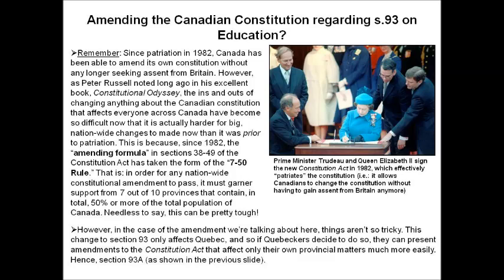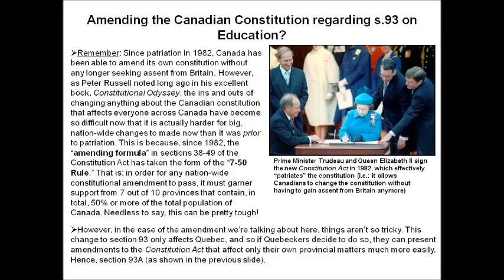Remember, since patriation in 1982, patriation is just a fancy word, means bringing the Constitution home, allowing us in Canada to be able to change our own Constitution without having to ask Britain to do it, right? So since patriation in 1982, Canada has been able to amend its own Constitution without any longer seeking assent from Britain.